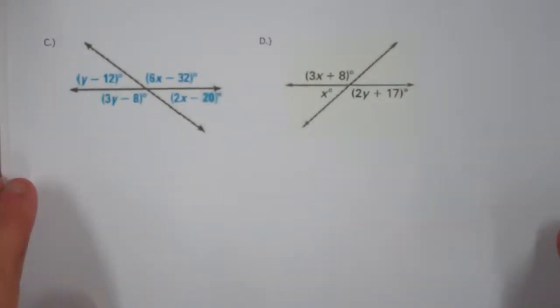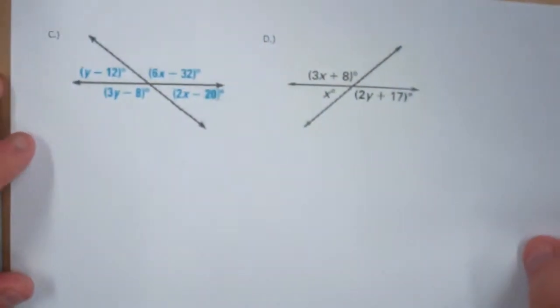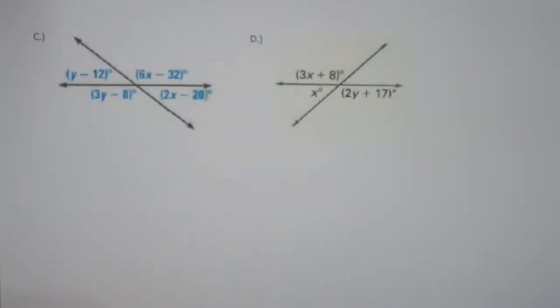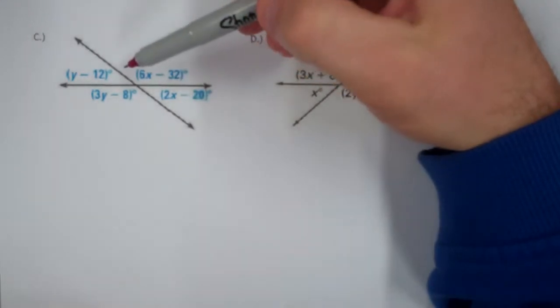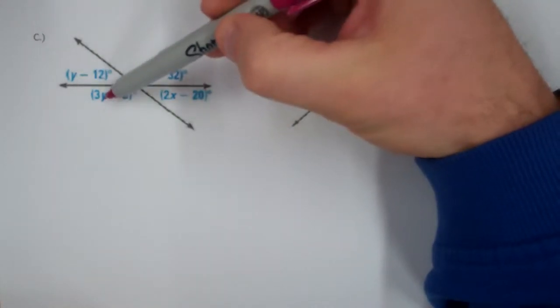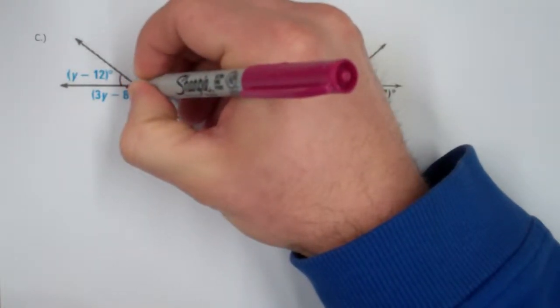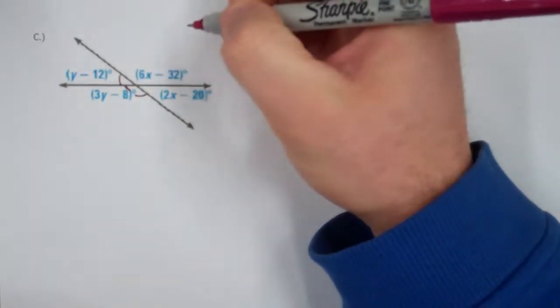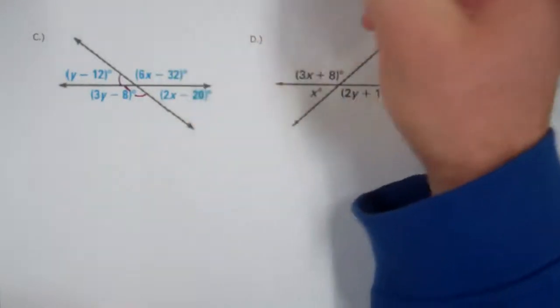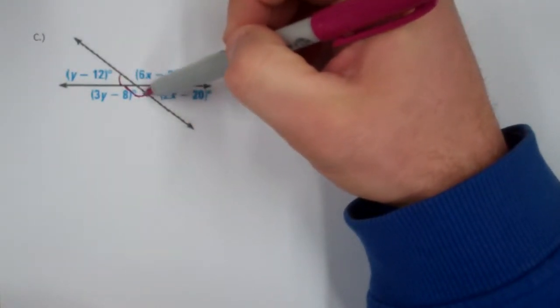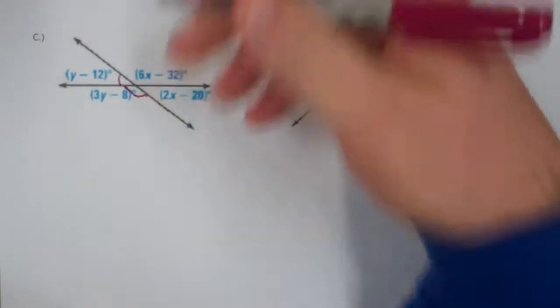Got a few more of these to do here. A couple different ways to look at these. What I'm seeing right now is I have a y here and a y here, and we can probably figure out what y is if we can figure out how these two are related. And then we can do the same thing here with the x's. Notice that these two angles here and here form a straight line, so they must add up to be 180.